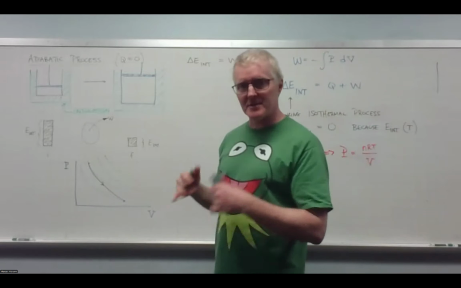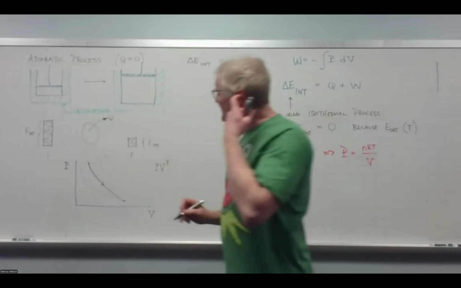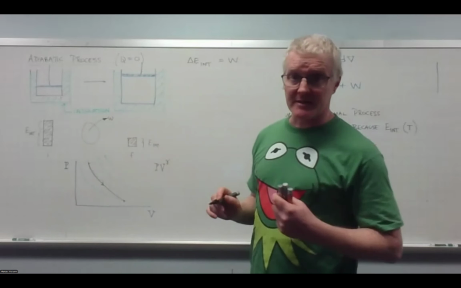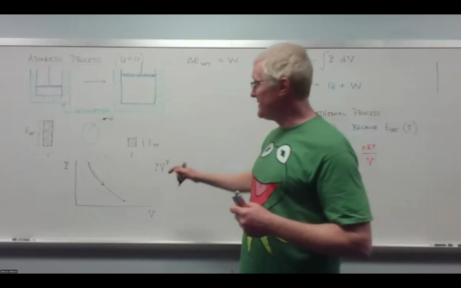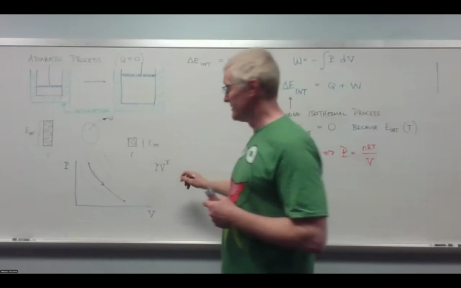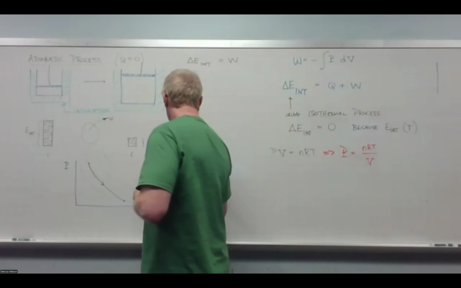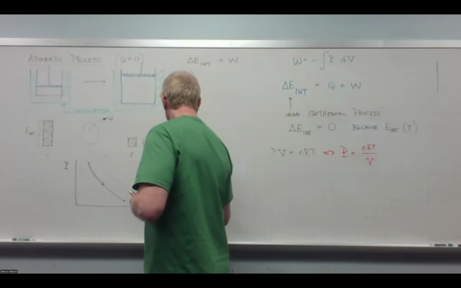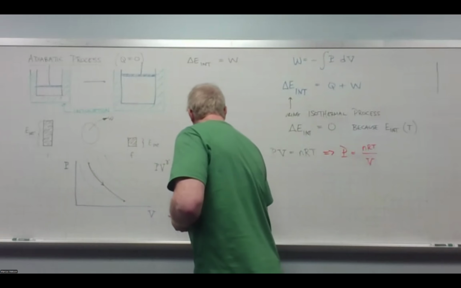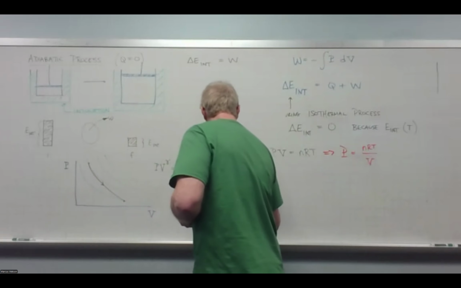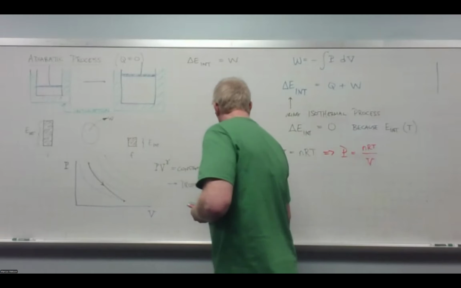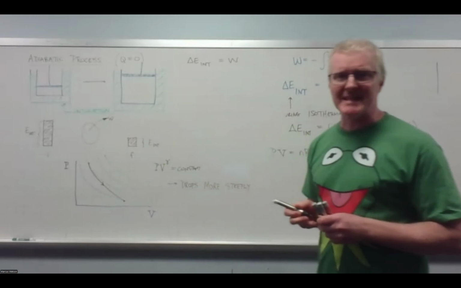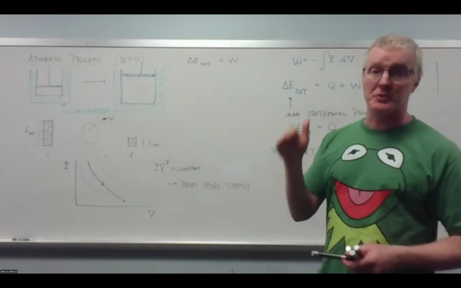For this process, it's not a PV equals constant. It's PV to the gamma. It's PV to an exponent equals constant. And therefore, this makes it drop slightly more steeply. It drops more steeply than an isotherm.